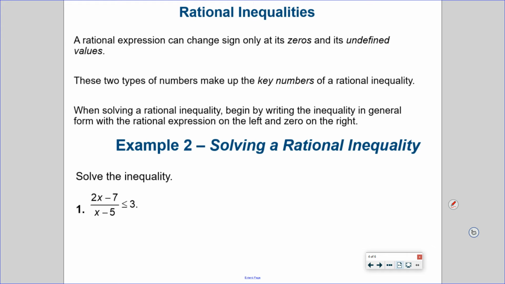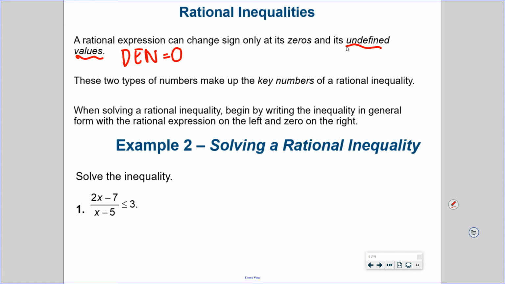So you have to pay attention to what your denominator is. We know it's undefined when the denominator equals 0, right? Or you can think about it like where you have your vertical asymptotes, because those values are undefined. So these two types of numbers make up our key numbers.